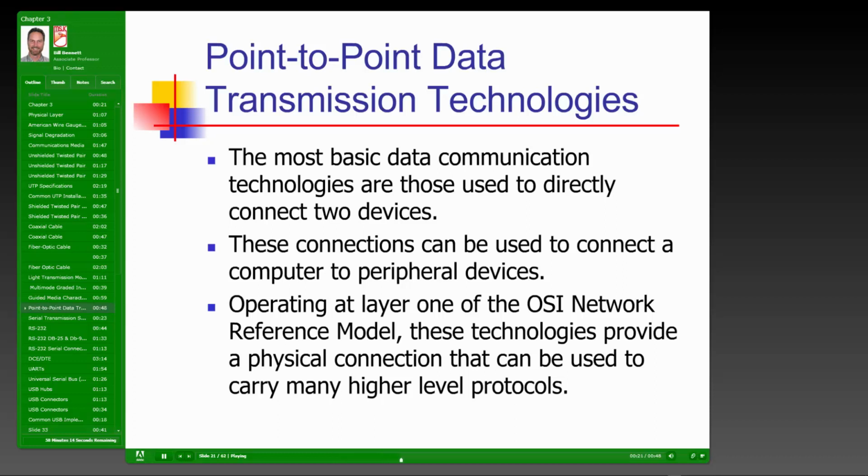This type of connection can also be used to connect a computer to a peripheral device, like a modem or a printer, and operates at layer 1, the physical layer of the OSI network model. These technologies provide a physical connection that can be used to carry many higher level protocols, because the higher level protocols occur at the upper levels of the OSI model.